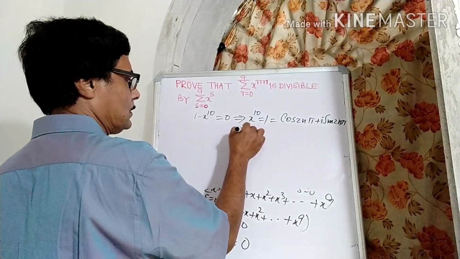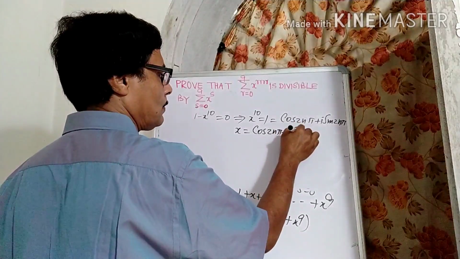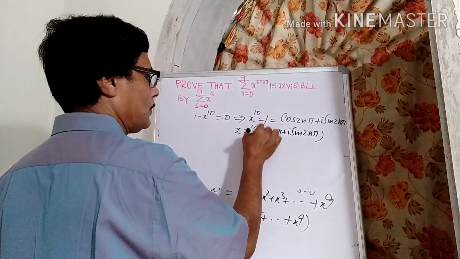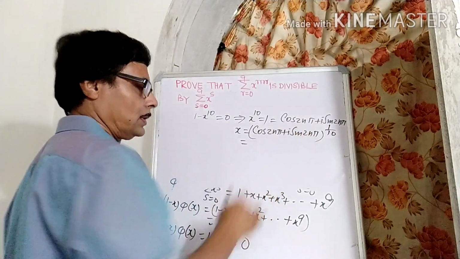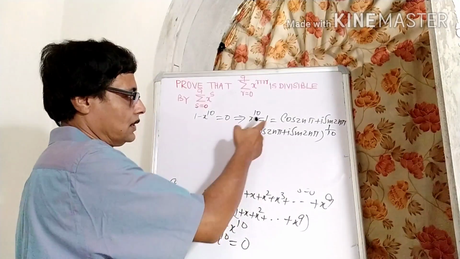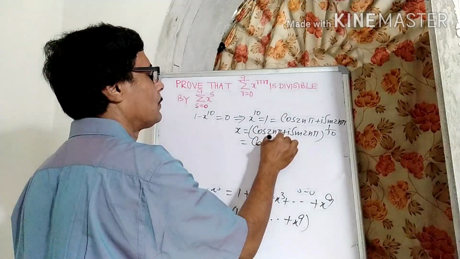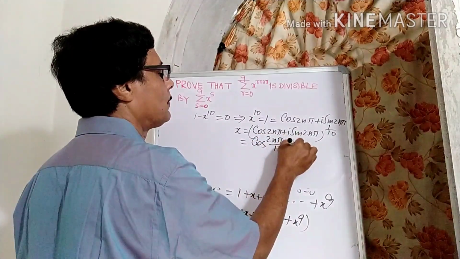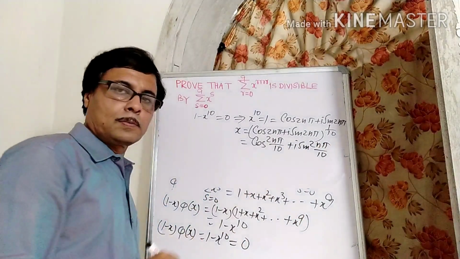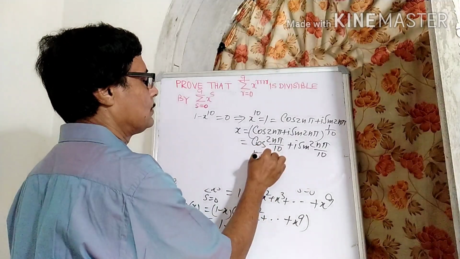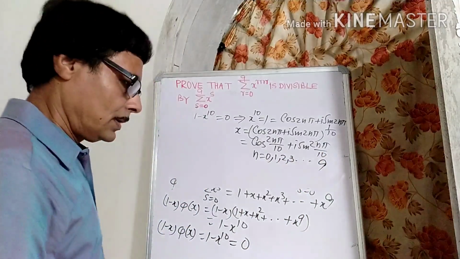So x equal to cos 2n pi plus i sin 2n pi to the power 1 by 10. So we apply de Moivre's theorem here, and n goes from 0 to 9.